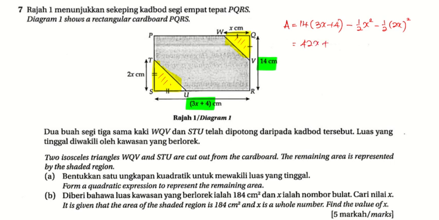42x plus 56 minus half x squared minus 4x squared. 42x plus 56x minus 9 over 2 x squared.